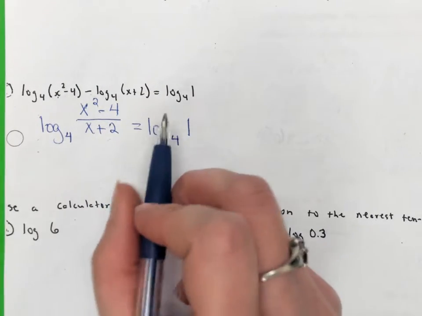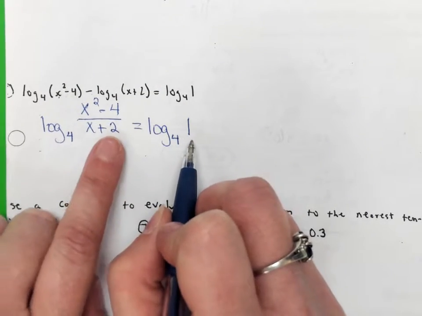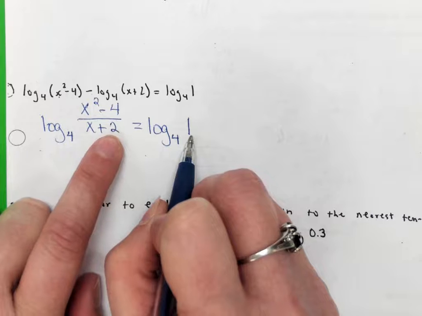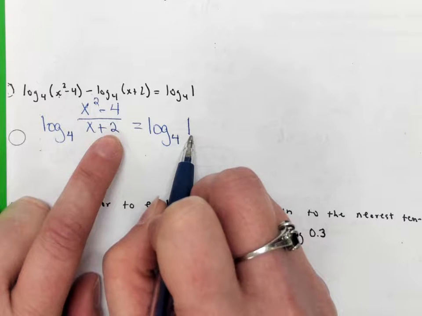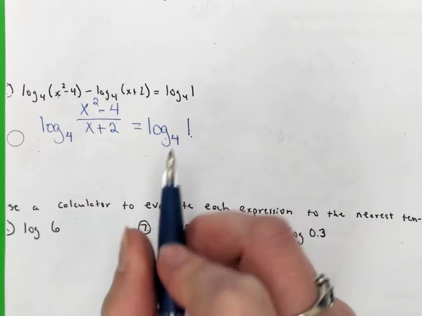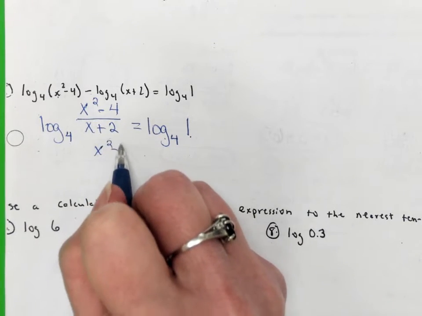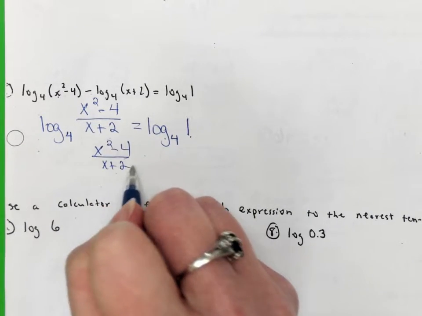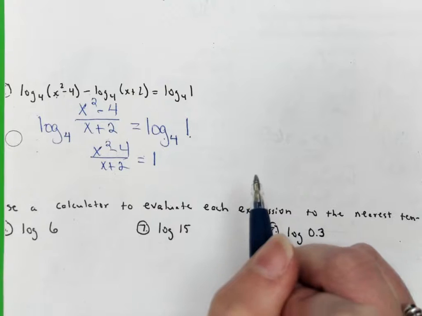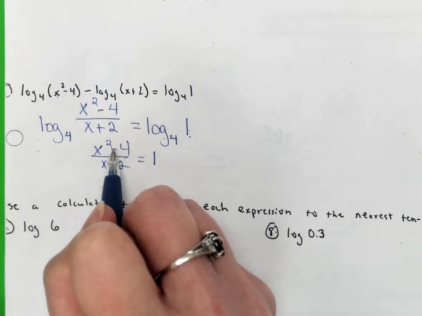So before we can do that, why can I set these 2 terms equal? What's the only reason I can set them equal? Because they both have a log. Very good. So x squared minus 4 over x plus 2 is equal to 1. I can set them equal. This is the difference of 2 squares, right?